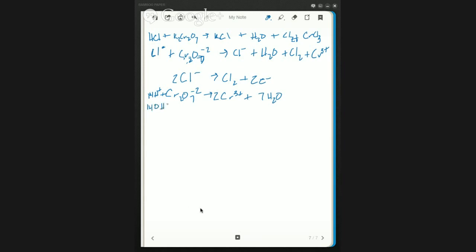Youch, that's a lot. So with 14 of these, this also means I have to add it to the other side, plus 14 hydroxides. This is going to cancel these out, but leave us alone with this part. If any questions so far, please let me know.